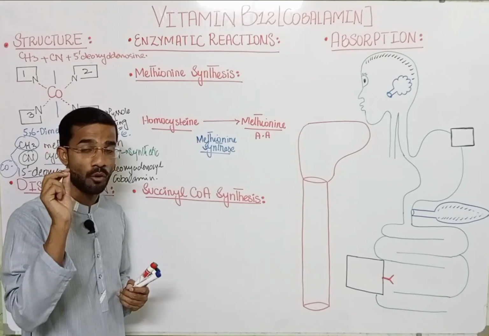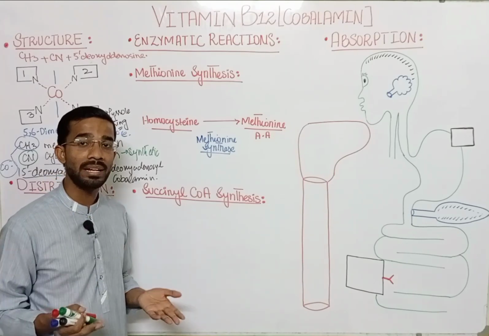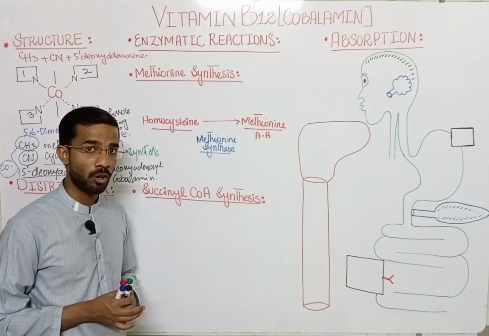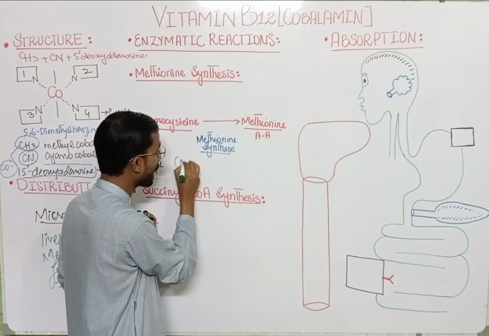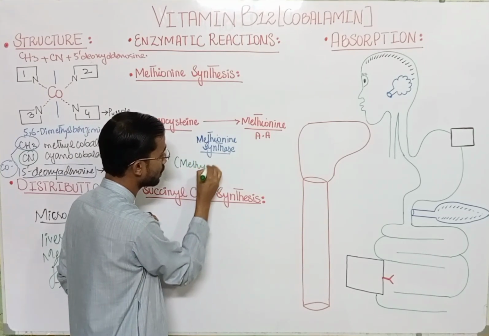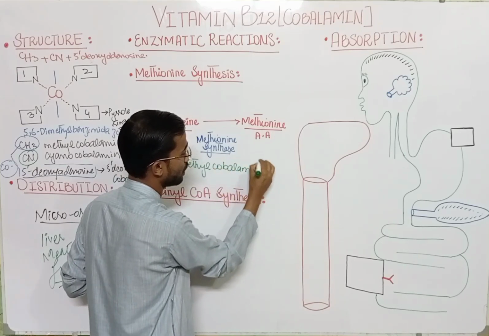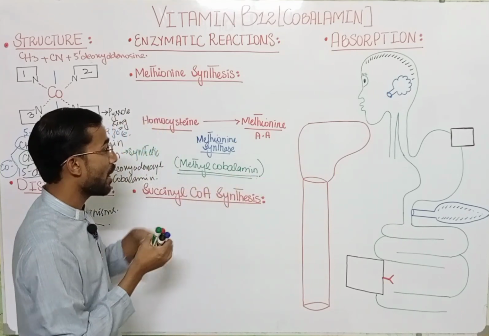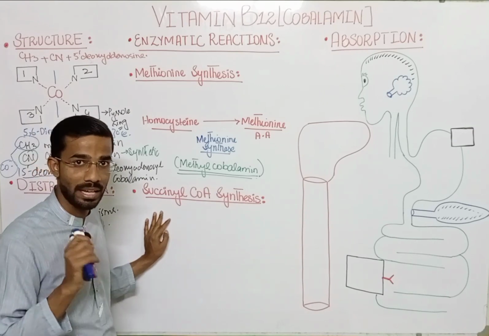Two forms of the cofactor exist: methylcobalamin and 5-deoxyadenosylcobalamin. Methylcobalamin is the cofactor form that works as a coenzyme with methionine synthase.